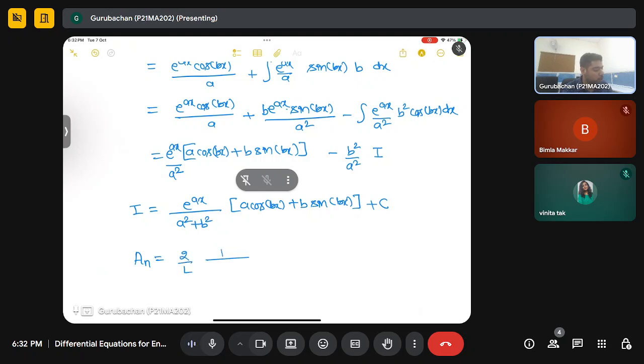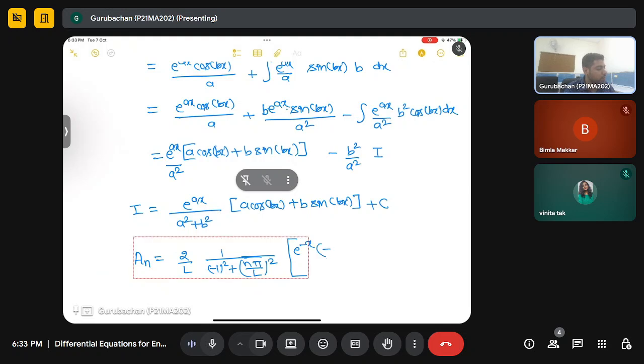1 by, the value of a was -1 and b was n pi by L square, and from here e to the power x is outside, so e to the power minus x.